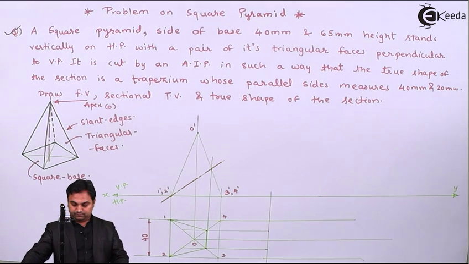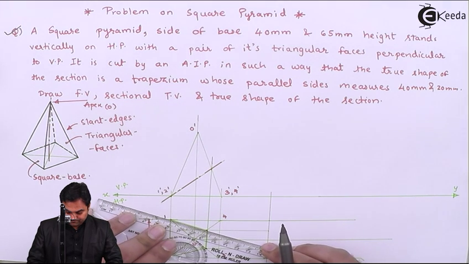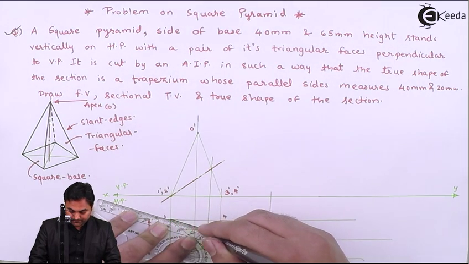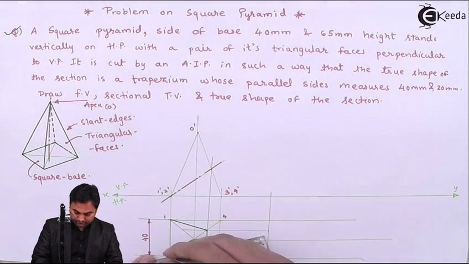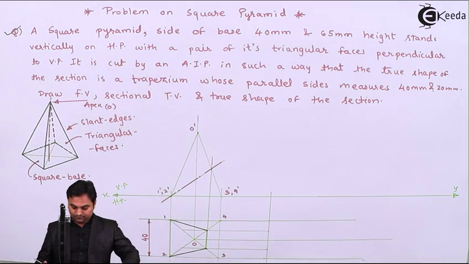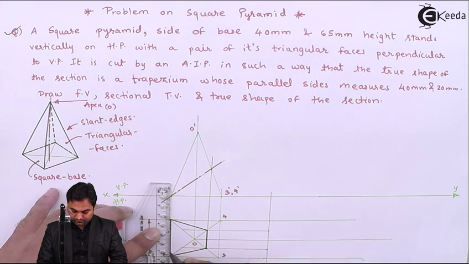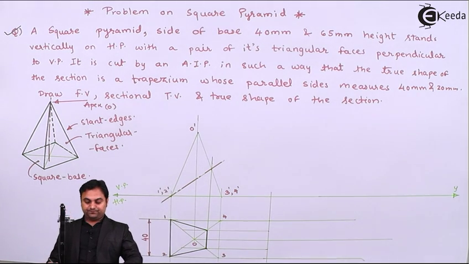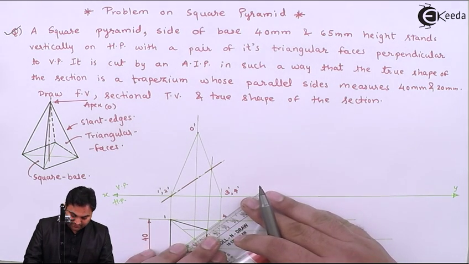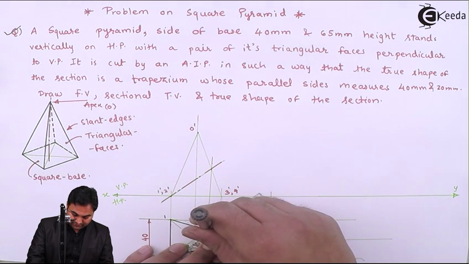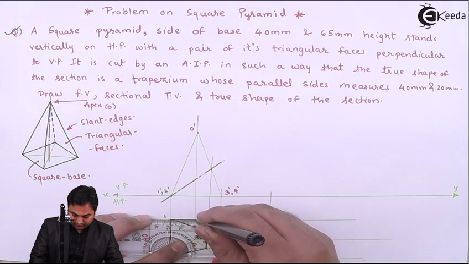And in the top view, whatever is visible will be made dark. Next, when we are looking from top, point 4 up till here will be visible because it is the slant edge of the pyramid. 1 to 4 will be visible.